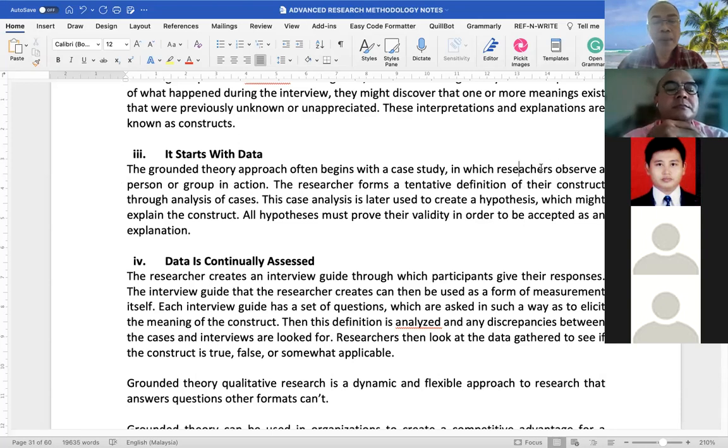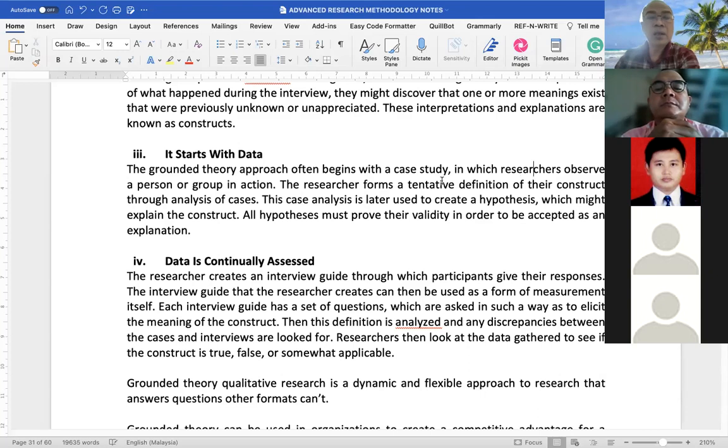Okay. The grounded theory approach often begins with a case study in which researchers observe a person or group. The researchers form a tentative definition of their construct. This case analysis is later used to create a hypothesis. So, pengkaji itu akan start dengan satu gambaran umum, kemudian based on that gambaran umum, the researcher akan collect the data, right?